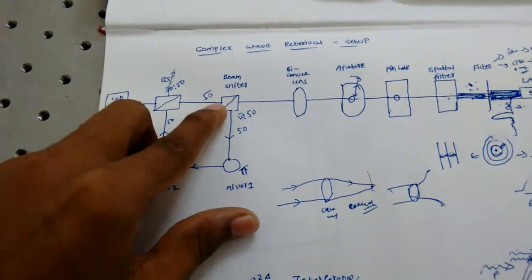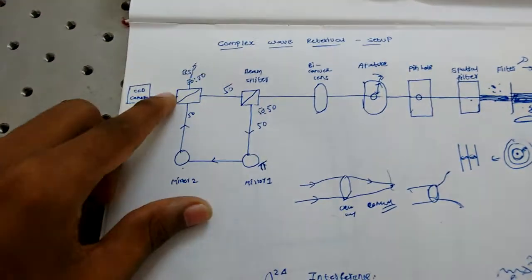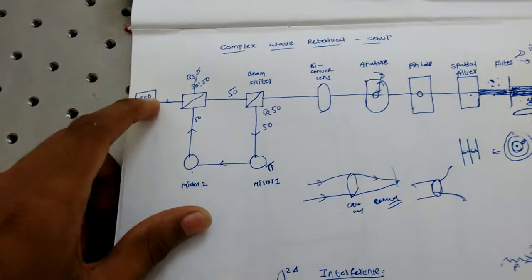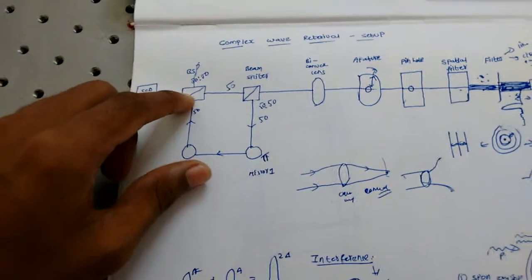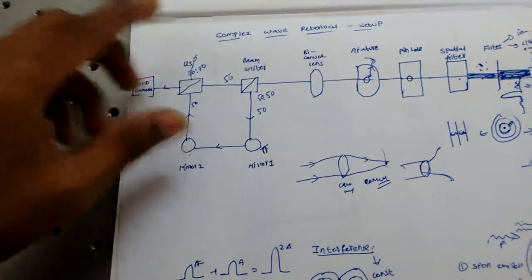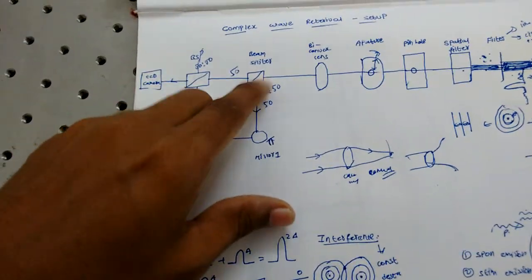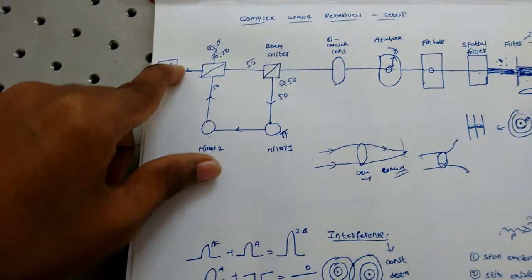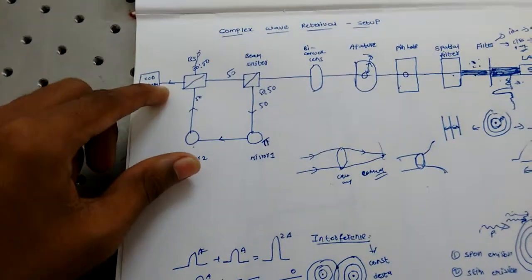This forward path we can assume as path A, sent to beam splitter 2 and then to the CCD camera. The second beam splitter will transmit this side and reflect this side, so there is no shift, 0 degrees here and 0 degrees here, and we are getting 0 path difference. That means a destructive interference.